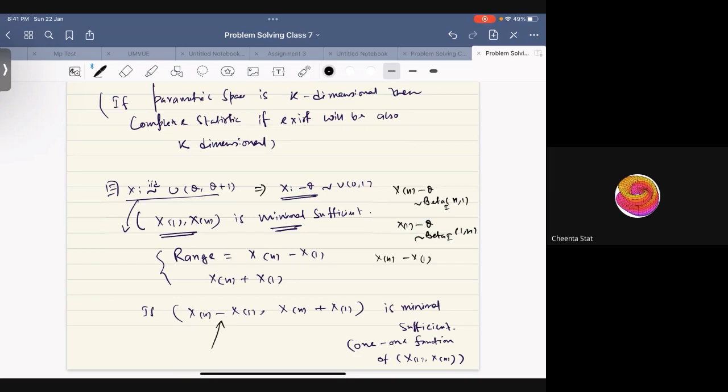You know that x order n minus x order 1 is ancillary, and x order n plus x order 1 means nothing. Only x order n plus x order 1 is not complete, not sufficient, right? Everyone agrees with me? So you can easily see that in a sufficient statistic there is an involvement of ancillarity, that means garbage information.